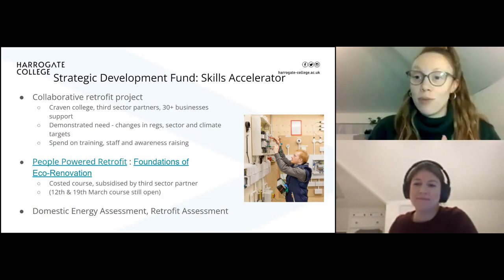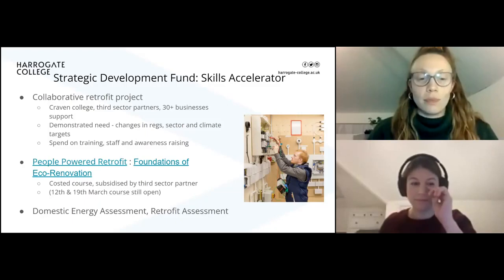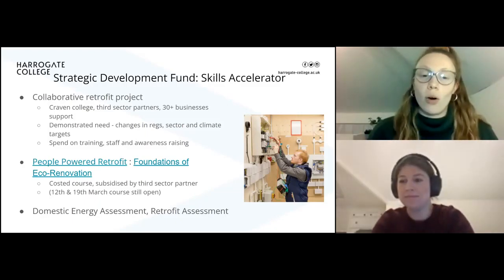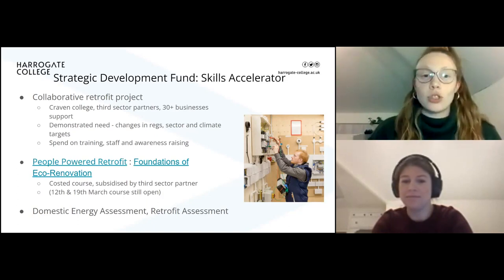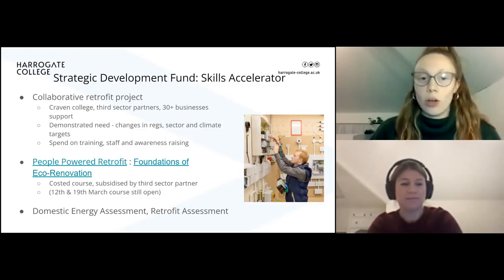And it actually ran for the first time this Saturday, just gone, on the foundations of eco-renovation. And our teachers from Harrogate College are now on that course. So we're trying to embed those skills into our staff, raise awareness, and allow people to join those courses and upskill. There's another course on the 12th and the 19th of March, and that's still open.